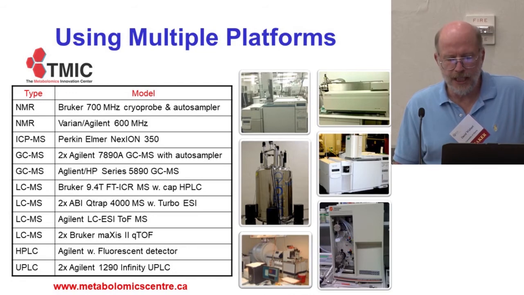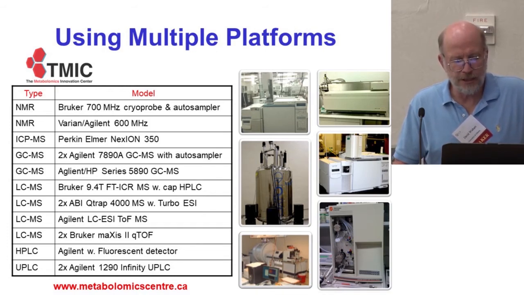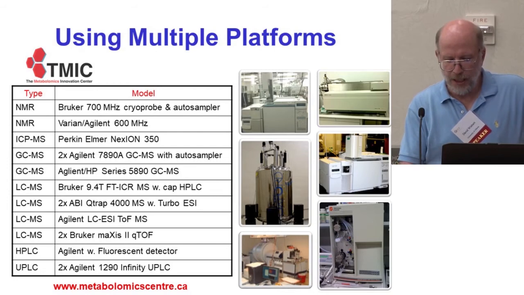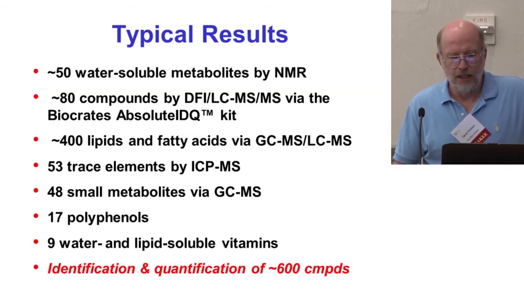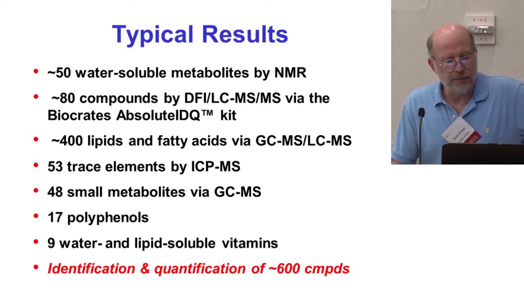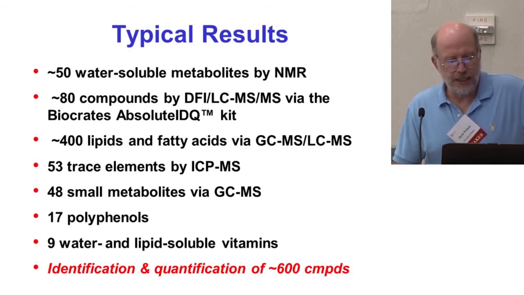As Jason mentioned, I'm the director of the Metabolomics Innovation Center, so we have quite a number of tools in our hands. So a large number of NMR instruments, a whole range of GCMS and LCMS instruments. And so we use this arsenal of tools to try and measure what we would find in these different food products. In the case of NMR, we would average about 50 compounds, sometimes as high as 70.